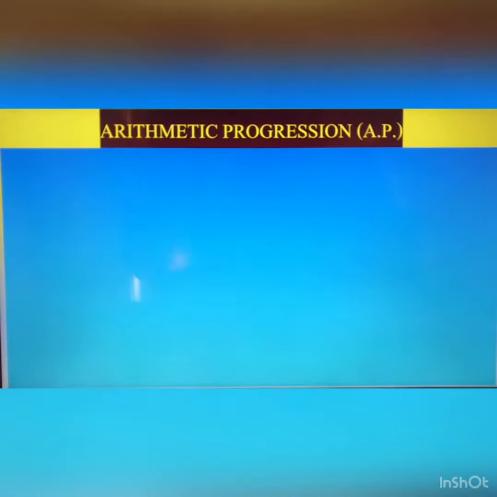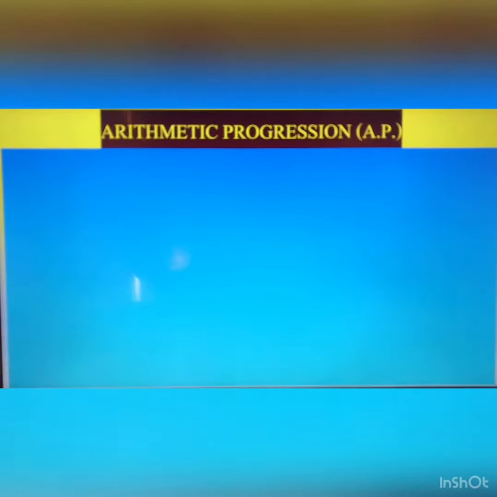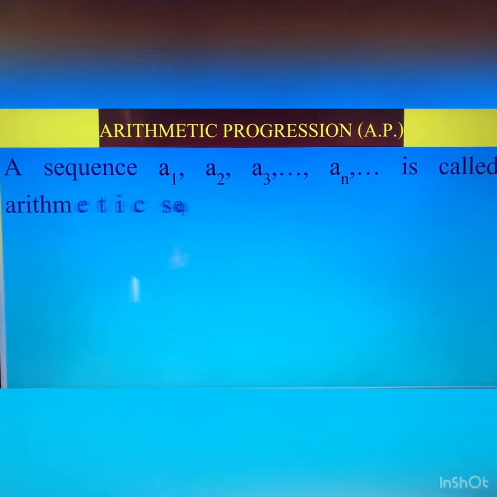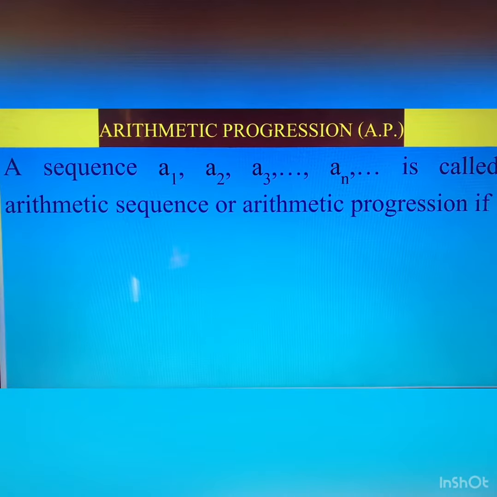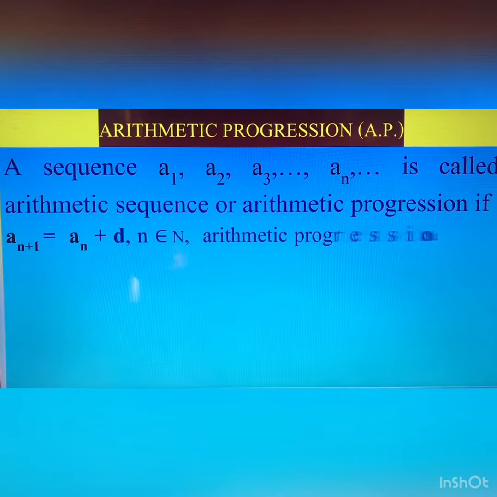Now arithmetic progression. What do you mean by AP? Arithmetic progression, in short form, we can say AP. A sequence a1, a2, a3 and so on, an and so on is called an arithmetic sequence or arithmetic progression if a_(n+1) = a_n + d for n belonging to natural numbers.